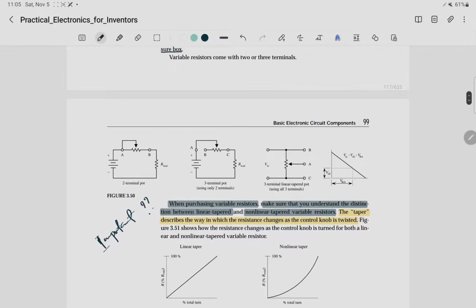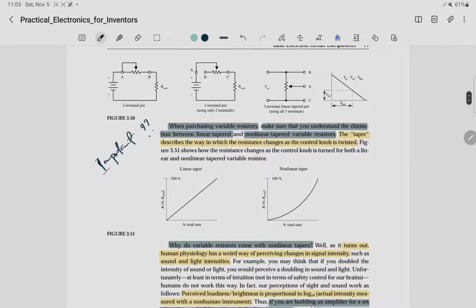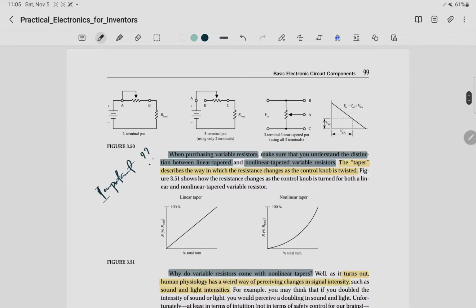So there's something to note here as well, we're almost done. When purchasing a variable resistor, you should make sure that you understand the distinction between linear tapered and non-linear tapered variable resistors. The meaning of a taper is basically how resistance changes with the way you're adjusting your knob.